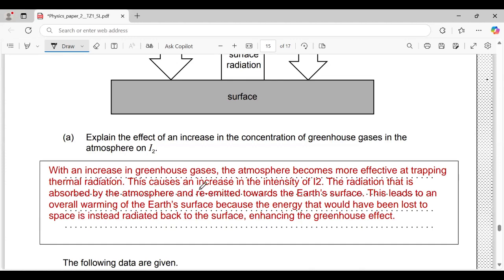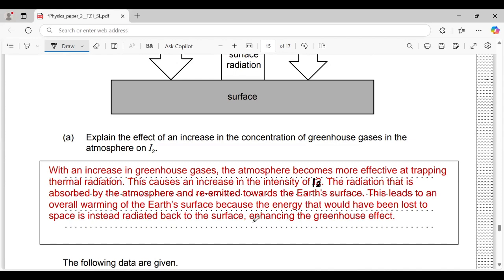This causes an increase in I2, the radiation absorbed by the atmosphere and re-emitted towards the Earth's surface.